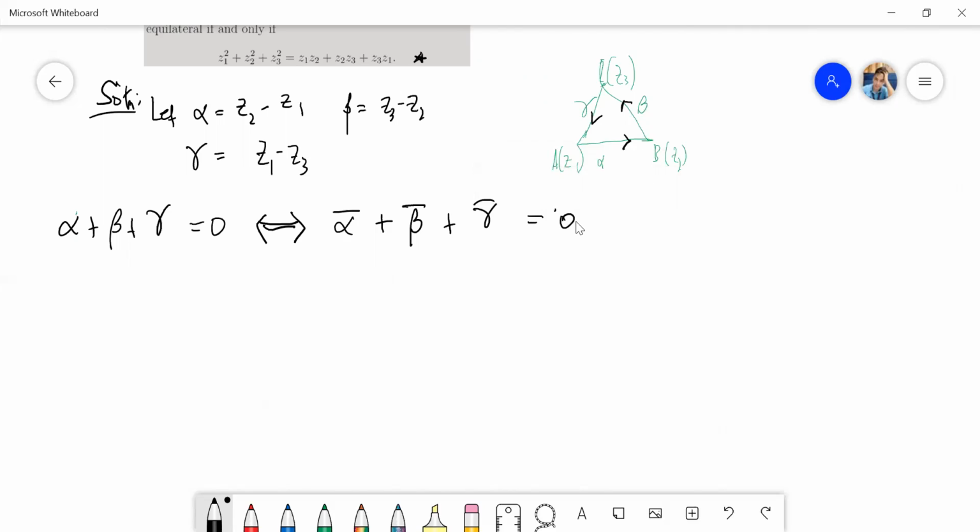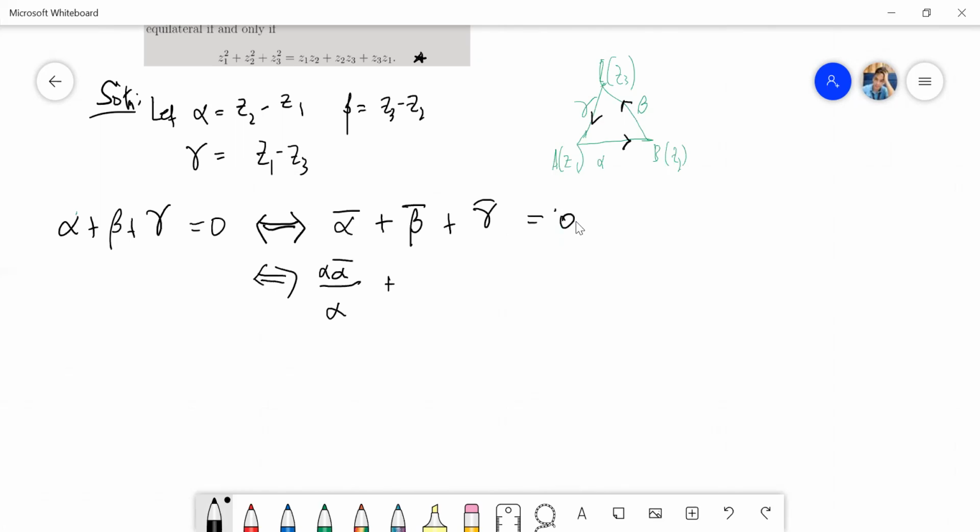I'm going to take this modulus of alpha here. I can multiply that by 1, which is the same as multiplying alpha over alpha. So I would have alpha times the conjugate of alpha, over alpha.